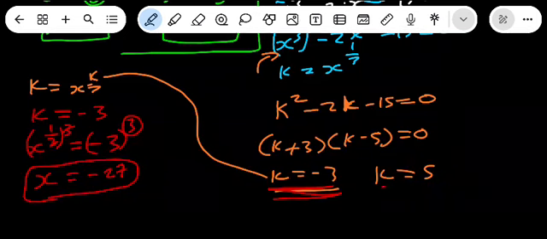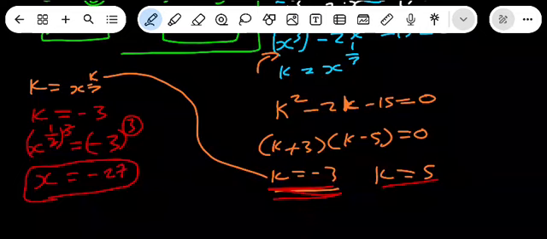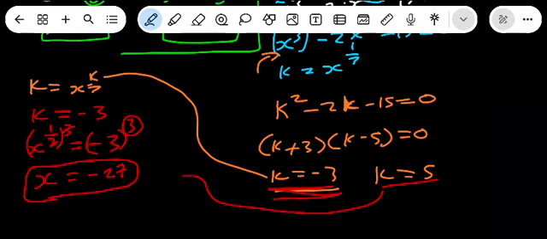So let us check when k is equal to 5. When k is equal to 5, we'll have x to the 1 over 3 is equal to 5.